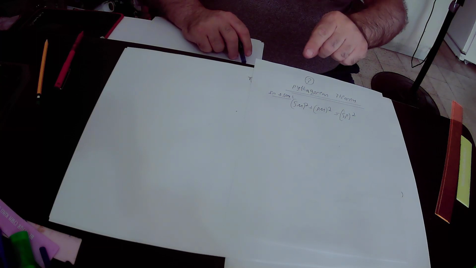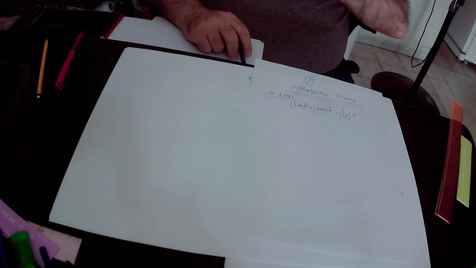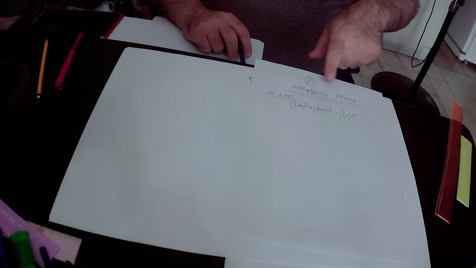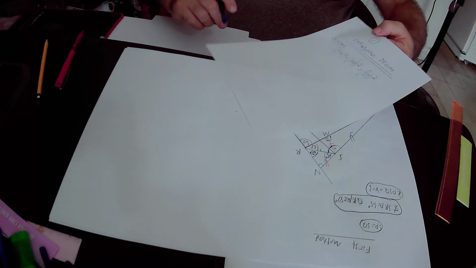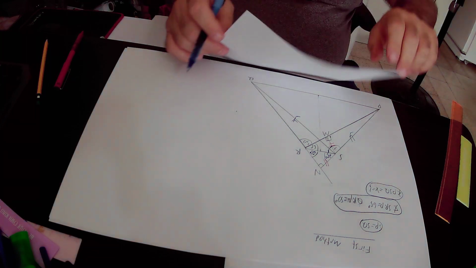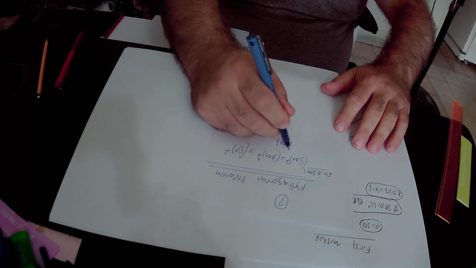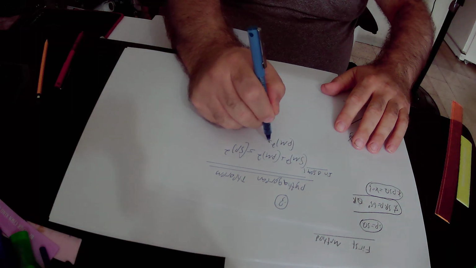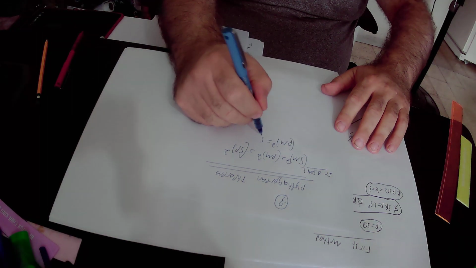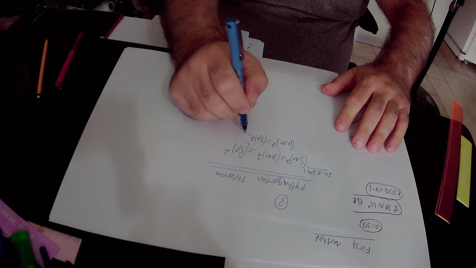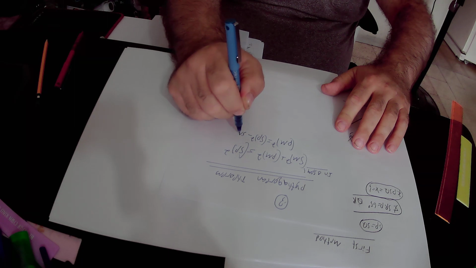Okay, so here we will subtract SM square from this equality, and we will get that PM square equals SP square minus SM square.